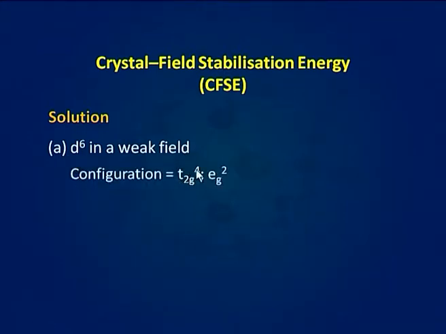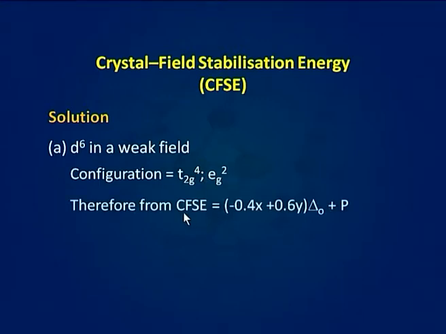t2g4 eg2. Therefore, crystal field stabilization energy will be equal to minus (0.4x plus 0.6y) multiplied by delta O plus P. Here the value of x is equal to 4 and the value of y is equal to 2.